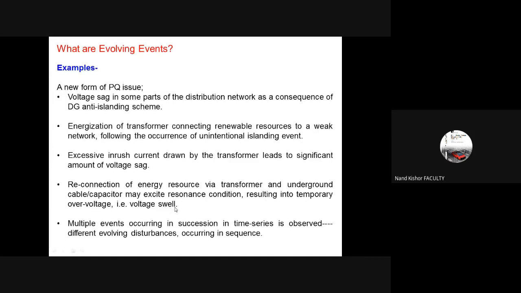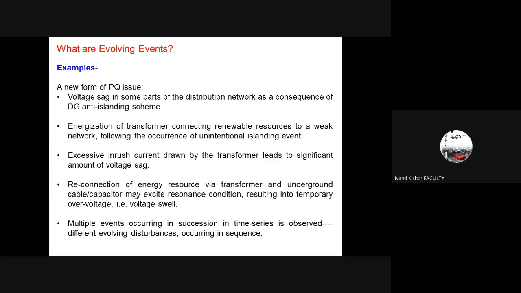So this is a voltage swell. Let's say you had some disconnection and then reconnection of the power source, and because of that, resonance takes place in the network, and this results in a voltage swell. So here you have two different activities: one is the islanding and then reconnection, and following that you observe some disturbance in the voltage signal.